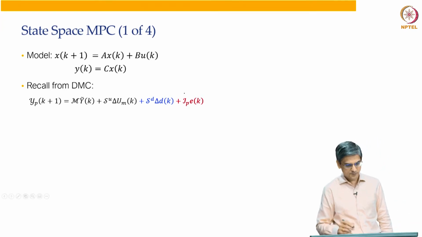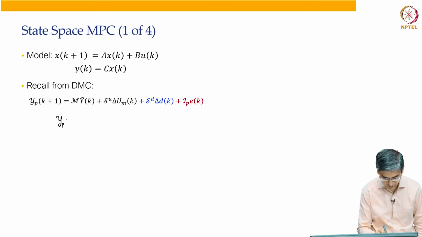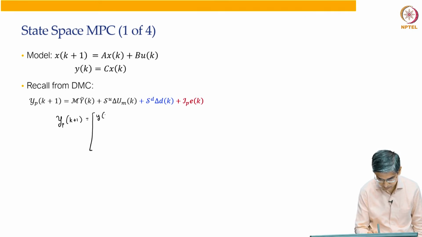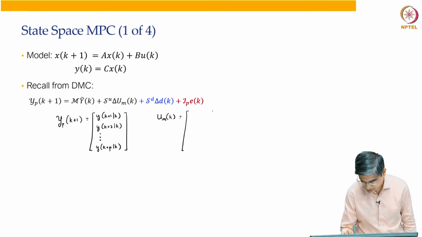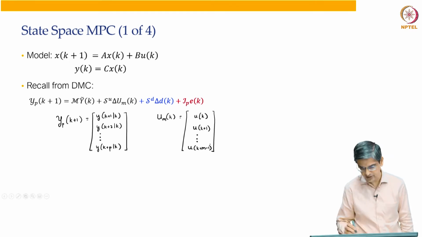Okay. So, before going further, let us define what our Yp(k+1) is. Yp(k+1) is y(k+1|k) up to y(k+p|k). Our um(k) is u(k), u(k+1) and so on up to u(k+m-1).